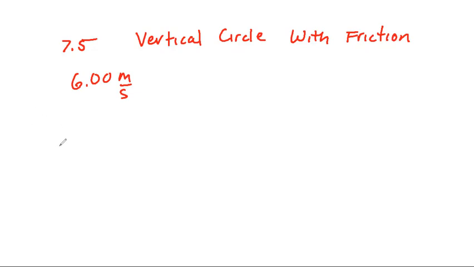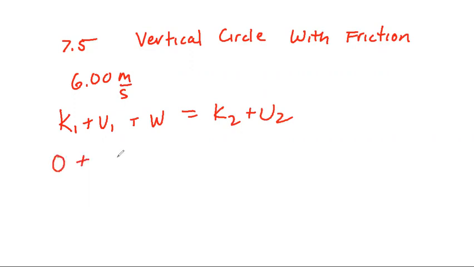Okay, so we know that K1 plus U1 plus work equals K2 plus U2. All right, so K1 is 0, plus U1 is mgh, which is 25 kilograms times 9.8 meters per second squared times 3 meters, right?